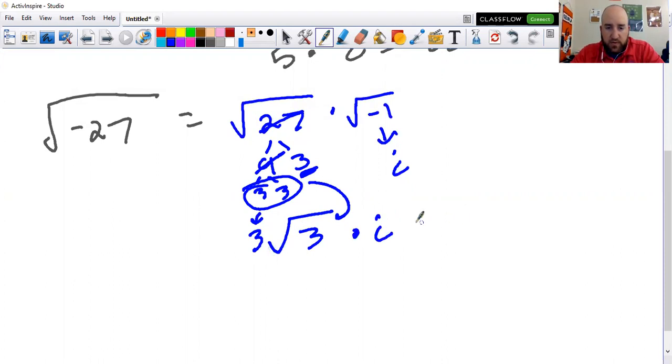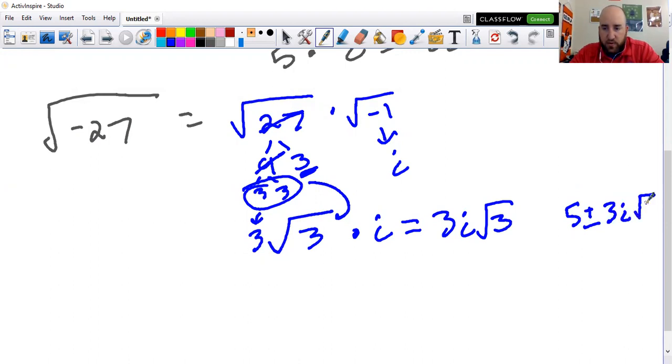So 3 square root 3 times i is 3i square root 3. Again, this i goes in front of the square root, but behind any number I have out there. And if I had this on that last problem instead of 23, I would have 5 plus or minus 3i square root 3 over 2.